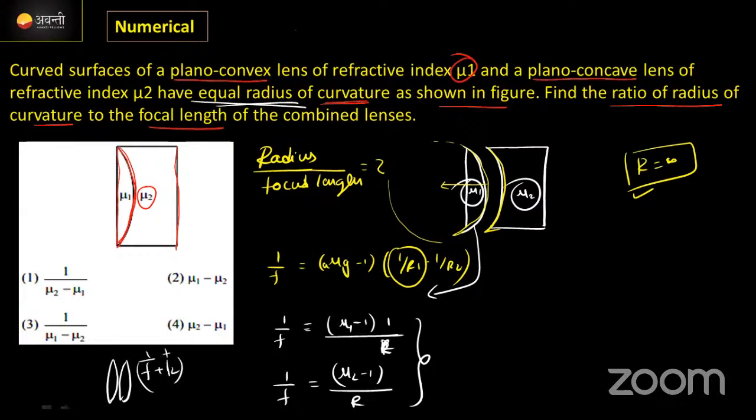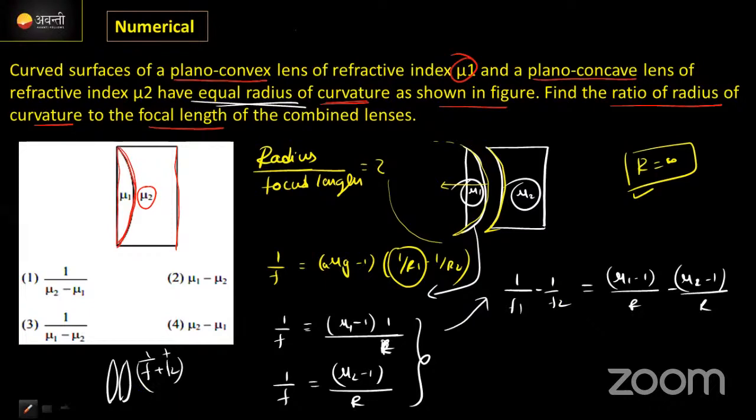We'll do the same thing here. Let us check what will happen. 1 by f1, but it is in the opposite direction, that's why minus 1 by f2, on the left hand side. On the right hand side, mu1 minus 1 by r minus mu2 minus 1 by r. Correct? Right, what I'm saying.